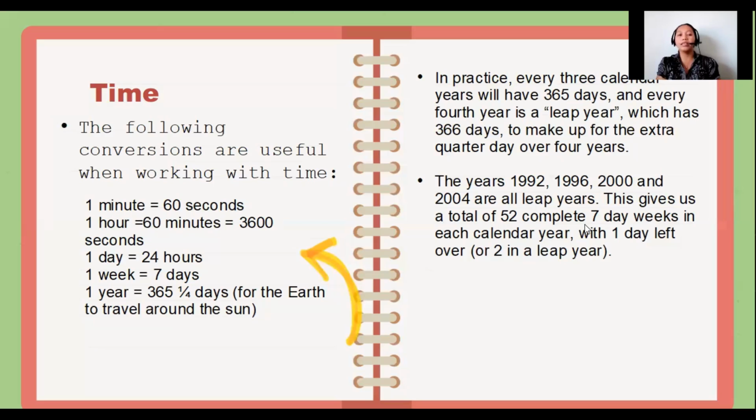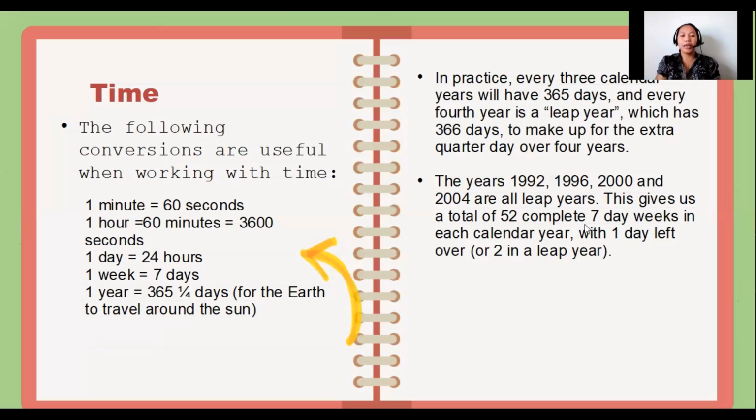So the years 1992, 1996, 2000, and 2004 are all leap years. So this gives us a total of 52 complete 7-day weeks in each calendar year with 1 day left over, or 2 in a leap year.